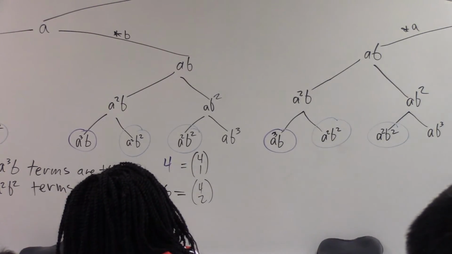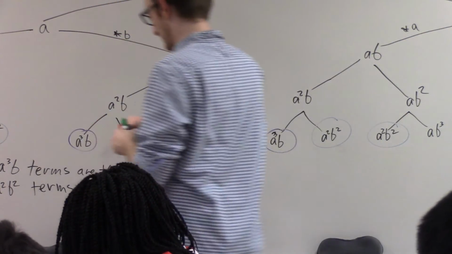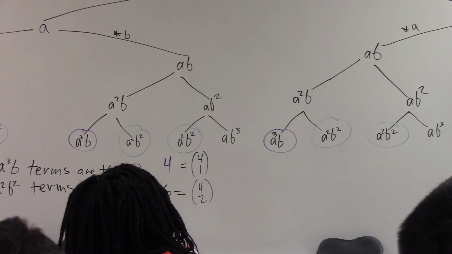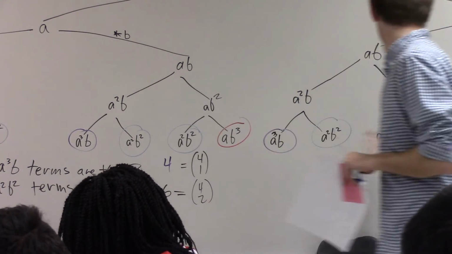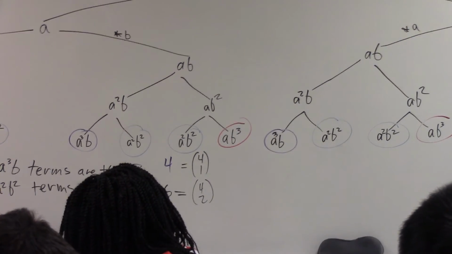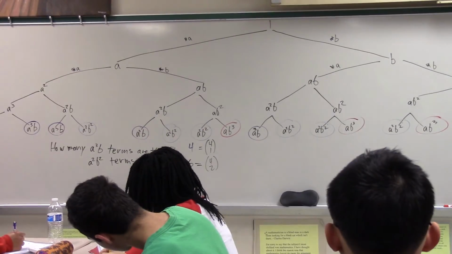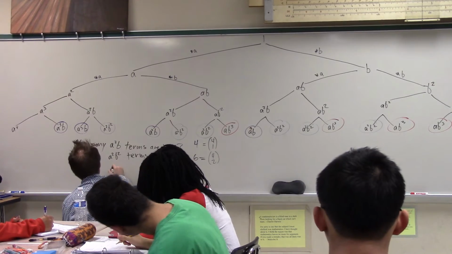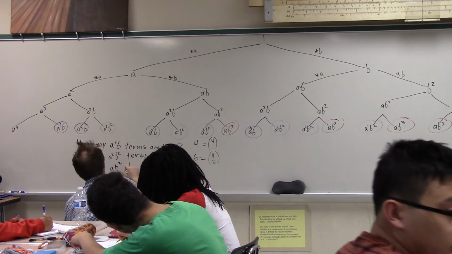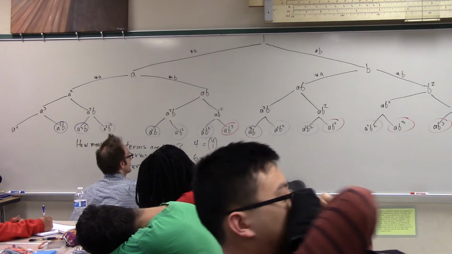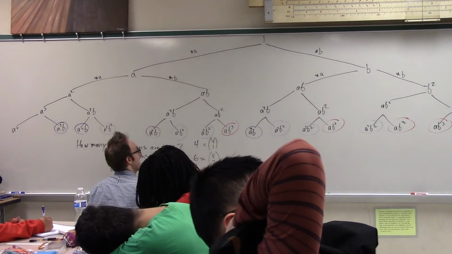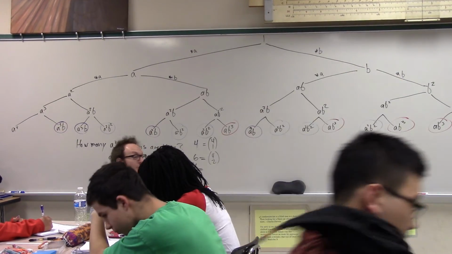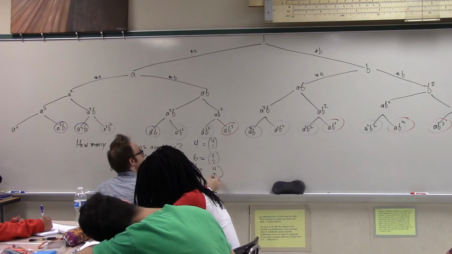How many a b cubed terms do I have? 1, 2, 3, 4. And what is that? Yeah, that's 4. Well, now it's how many paths through the tree in which I went right 3 times. Simple, right? So it's 4 choose 3.